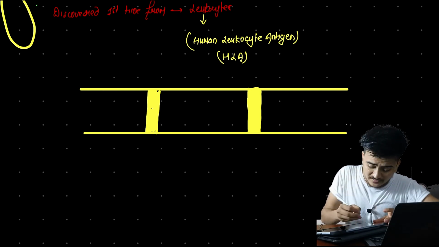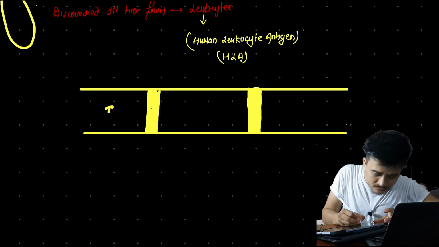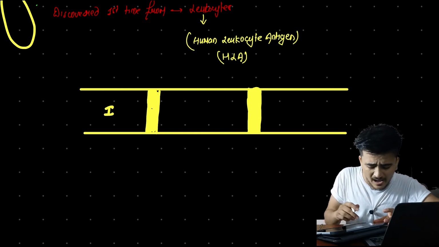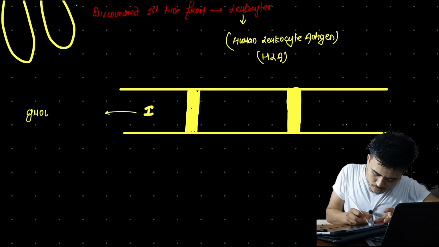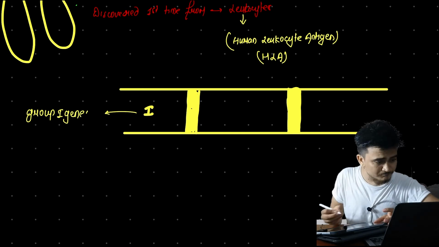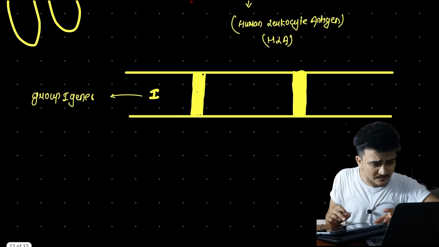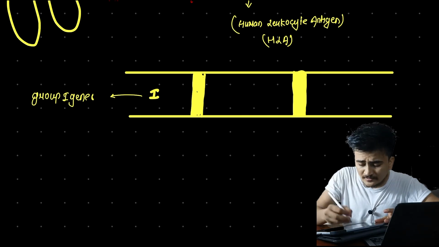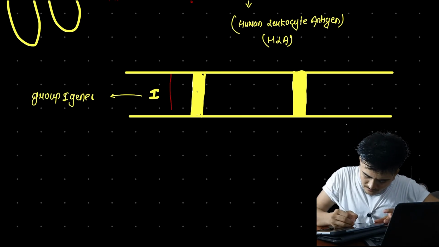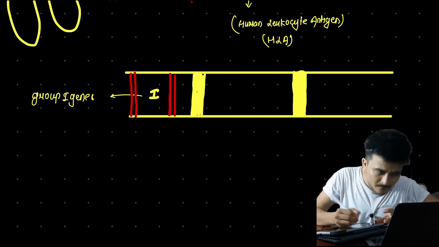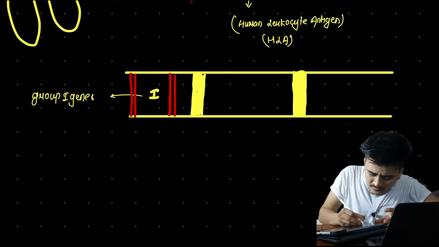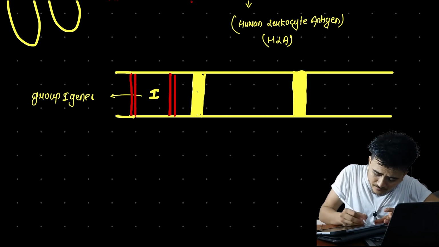The first thing that I'm going to write is the first group of gene, that means group 1 genes. Talking about group 1 genes, it again further contains different portions. And what are these portions? These portions are A, B and C. This one is A, this one is B, and this one is C.